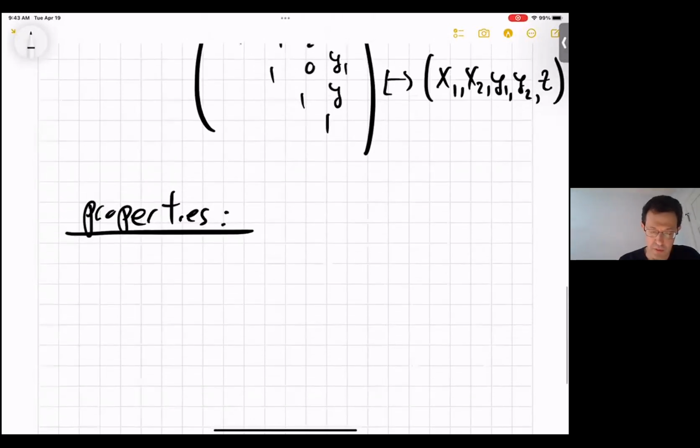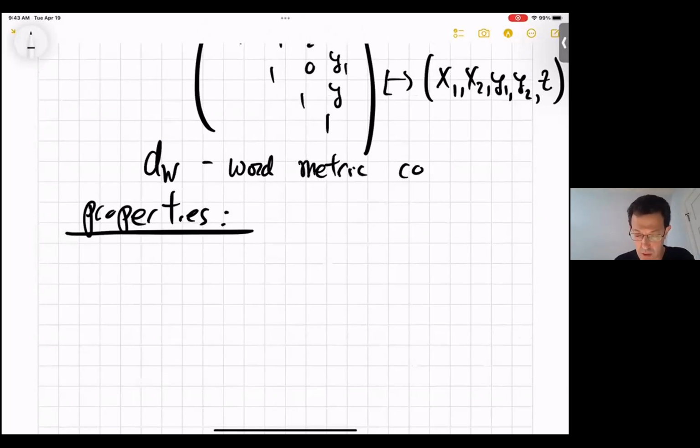Sorry, I should have said, from now on when I write dW, it's going to be the word metric, corresponding to the generators.